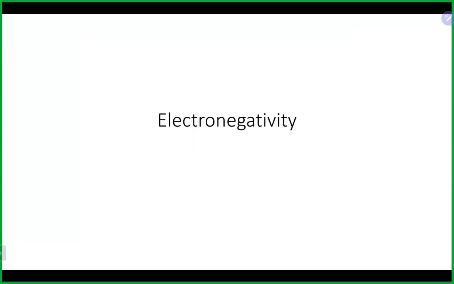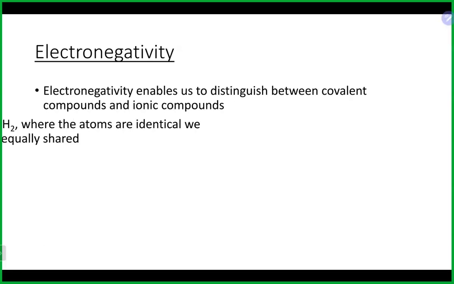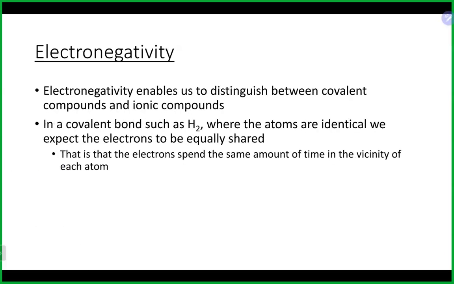So what happens if we actually have these electrons being shared? How do we know if, for example, the electrons are going to be shared equally, or they're going to be shared unequally? And really, the overwhelming thing that you look at in terms of whether or not electrons in a bond where they're being shared, a covalent bond, will be shared equally or unequally, is electronegativity.